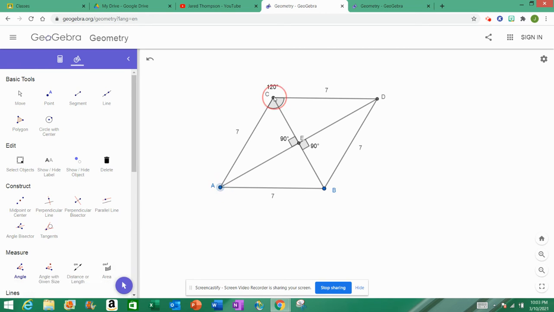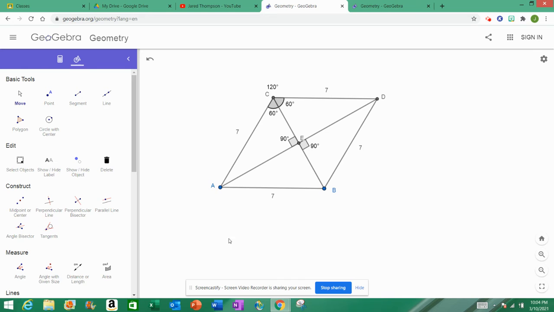Okay, A, C, E, B, C, E. So look at that. This entire angle 120 has been cut in half, essentially, because 60 is half of 120.